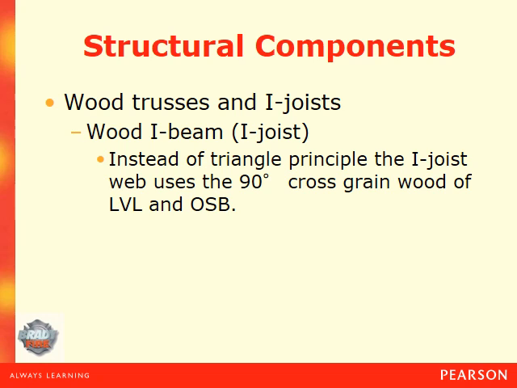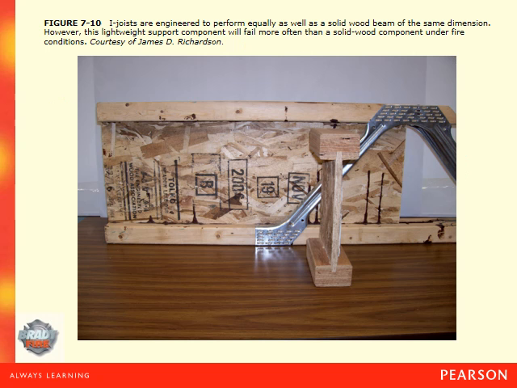Instead of triangles perpendicular to the I-joist, the web uses the 90-degree cross-grained wood of the OSB and LVL for its integrity. And here is a great picture of I-joists in the engineered wood. Notice how structurally sound it looks. But again, compared to the solid wood components, it does not hold up to fire conditions. However, it's sturdier and cheaper to build with than using the solid wood components.